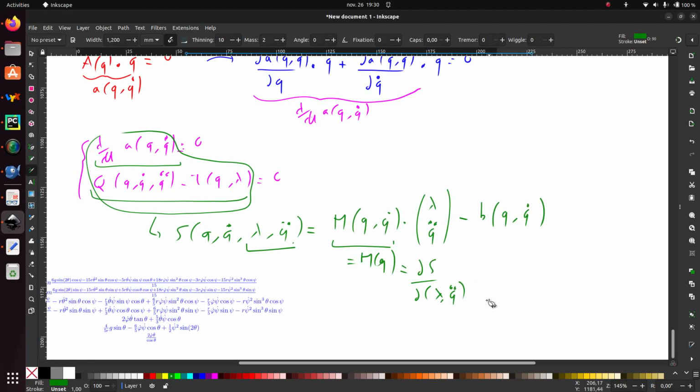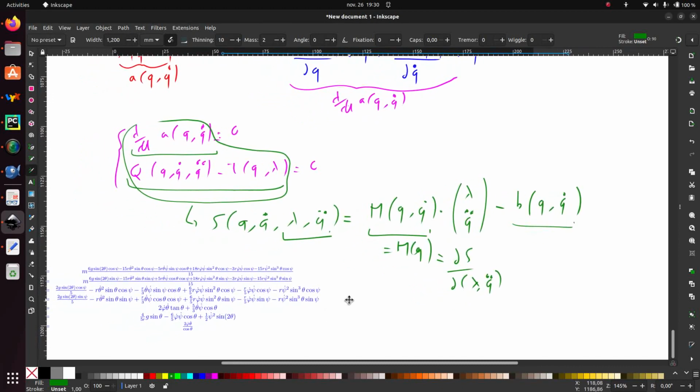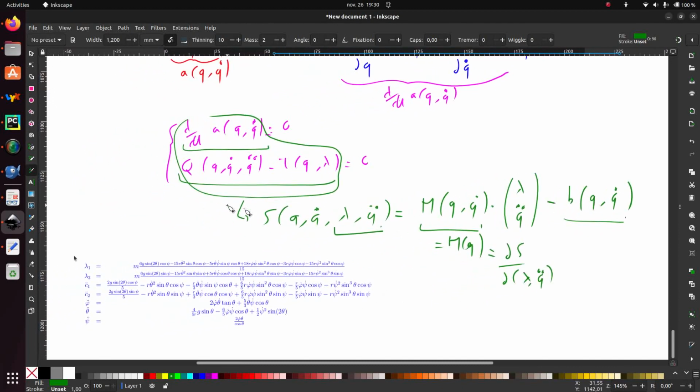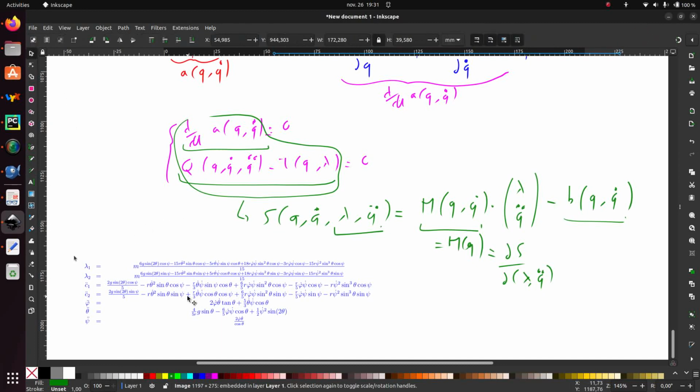And if I isolate B in this equation, I also have an expression for B. So I have a way to compute M and B by computing derivatives. And this equation that I have here corresponds to this.